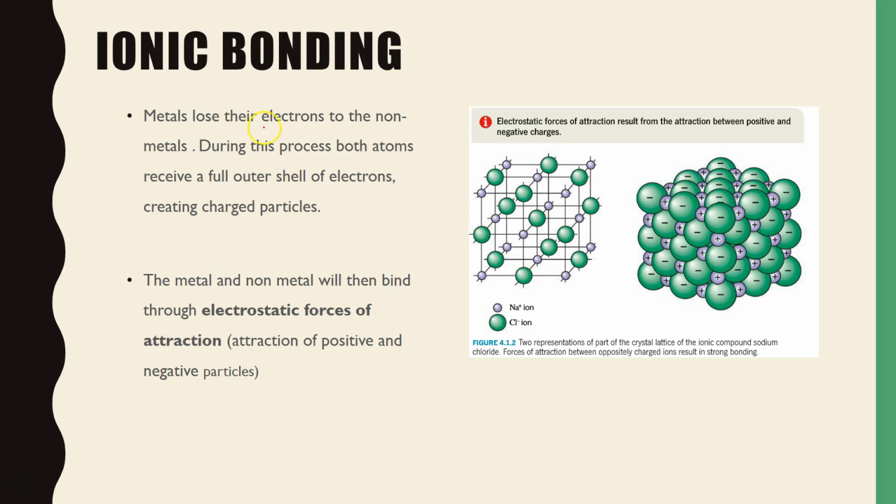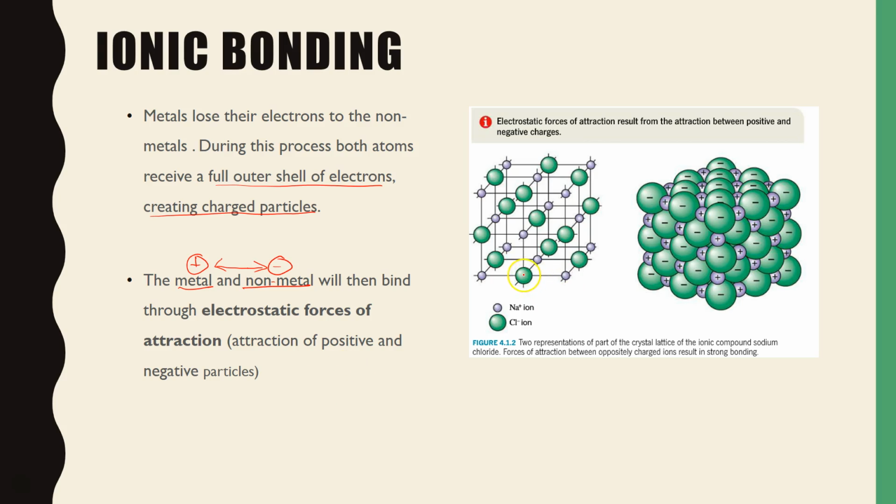As I already spoke about, metals lose their electrons to non-metals, and during this process, both receive a full outer shell of electrons, creating charged particles. Similar to how metals bond together with electrostatic forces, ionic compounds also bond together with electrostatic forces. Metals have a positive charge and non-metals have a negative charge, and these forces attract each other and hold them together.